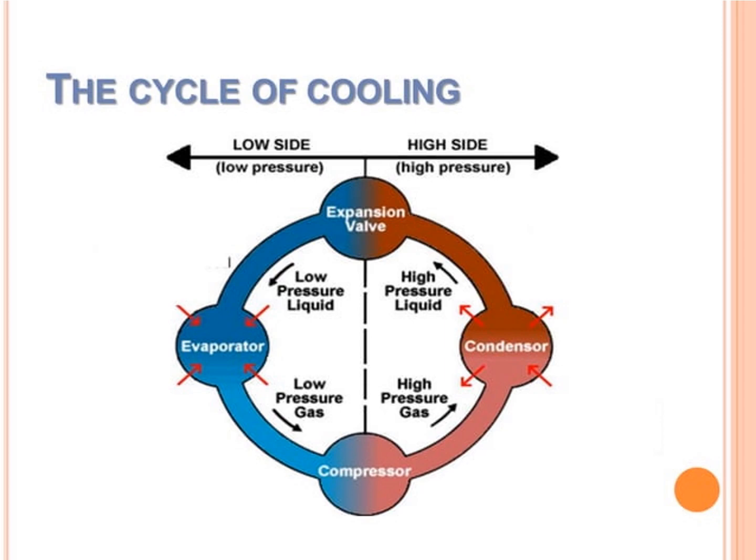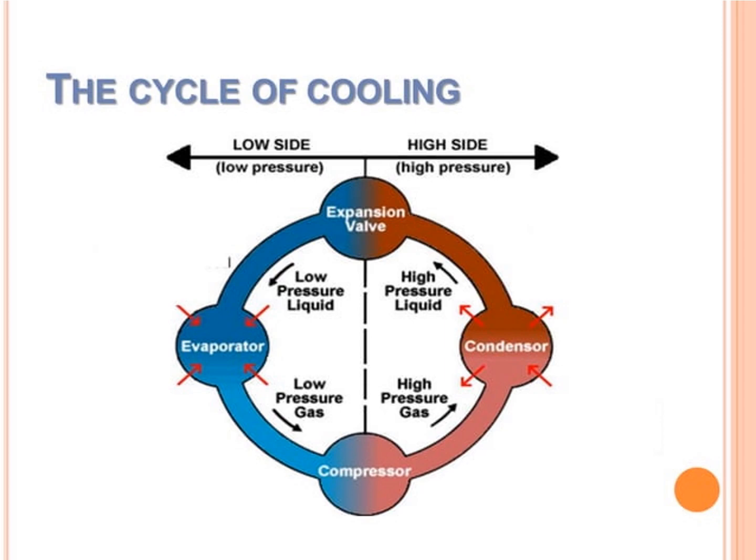The condenser part is the high pressure side and the evaporator part is the low pressure side, and the expansion valve and compression part are given equally. As we have already seen in the previous slide, the expansion, compression, evaporation and condensation processes: from the expansion valve to the evaporator you can see low pressure liquid, from the evaporator to the compressor it is low pressure gas, from the compressor to the condenser it is high pressure gas, and from the condenser to the expansion valve it is high pressure liquid.